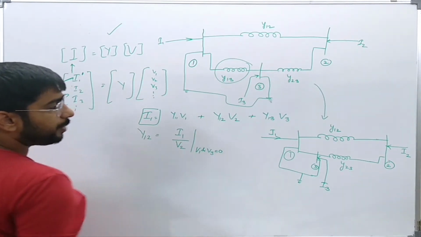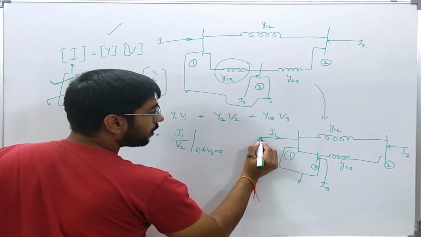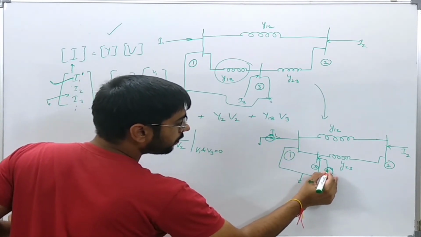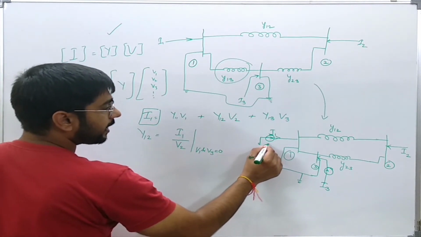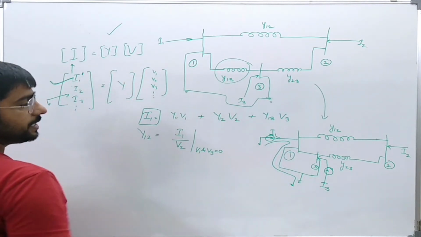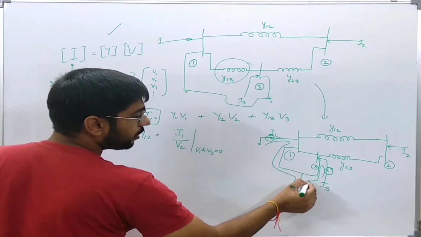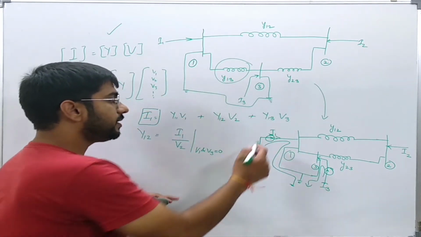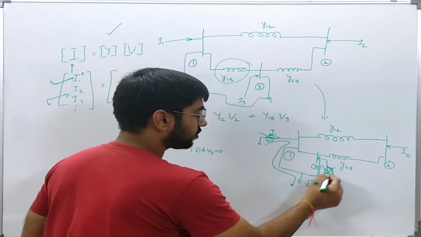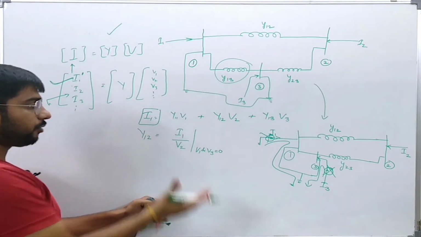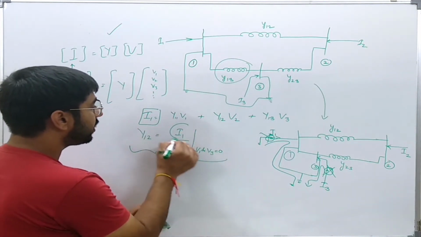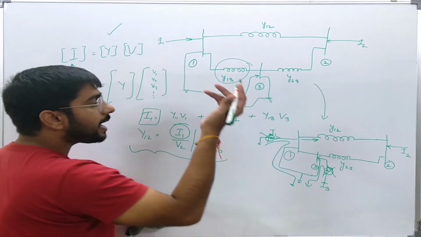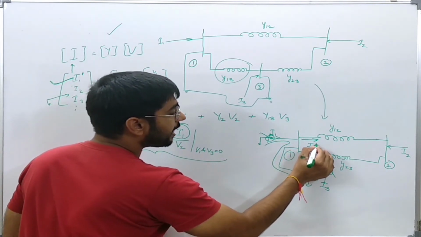Here V1 and V3 have been shorted out. So this whole current from the current source, let us say it is some current source, this whole current will be shorted to ground. Similarly, this whole current will be shorted to ground. So no current is being entered from this source and this source. Okay, so how to determine this ratio? What is I1 here? I1 will be actually the current entering here. Let us say I write it as I1 prime.